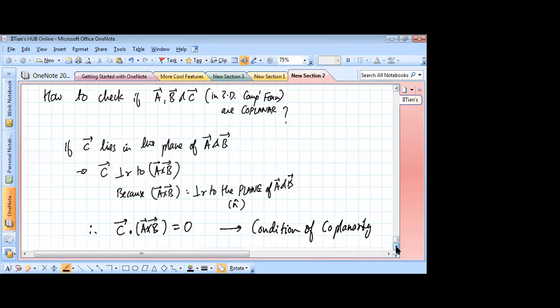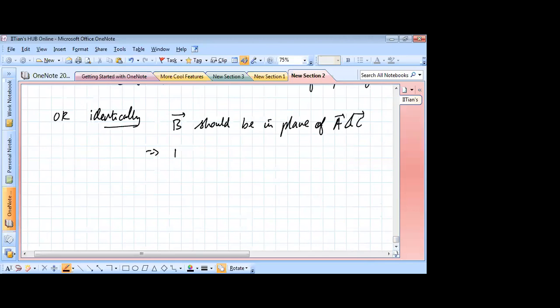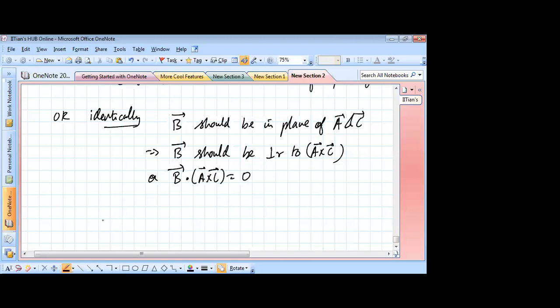Now, likewise, we can also say that B should be in the plane of A and C. Therefore, B should be perpendicular to A cross C, or B dot A cross C should be 0, or similarly A dot B cross C should be 0.